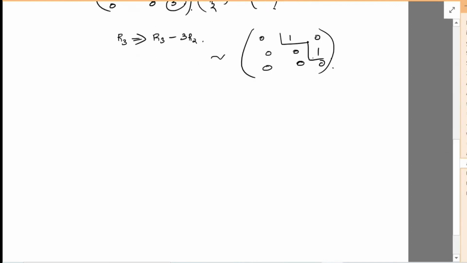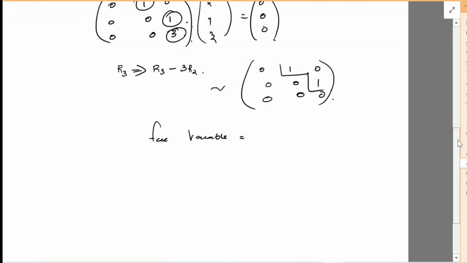What is the rank? Rank equal to 2. And which one is the free variable? There is only one free variable. Z is not the free variable here. X is the free variable.